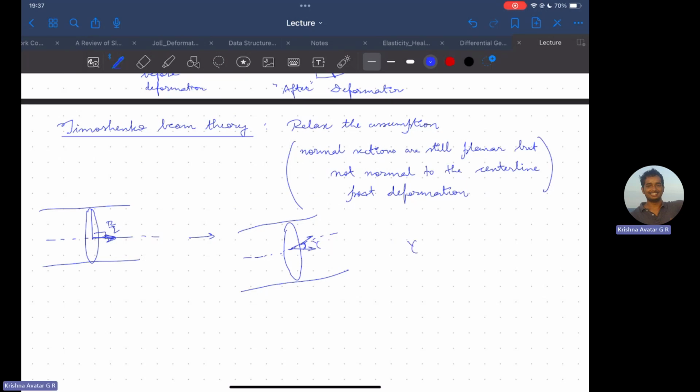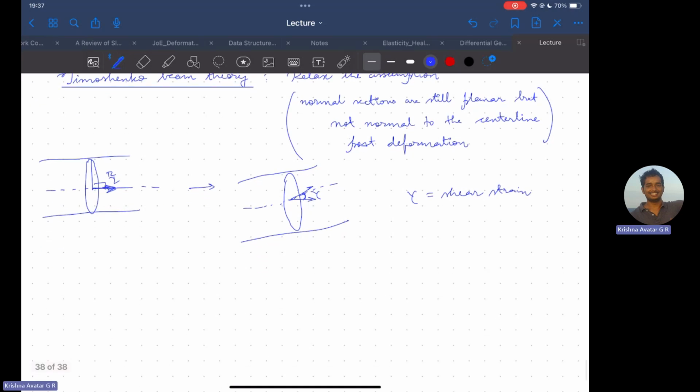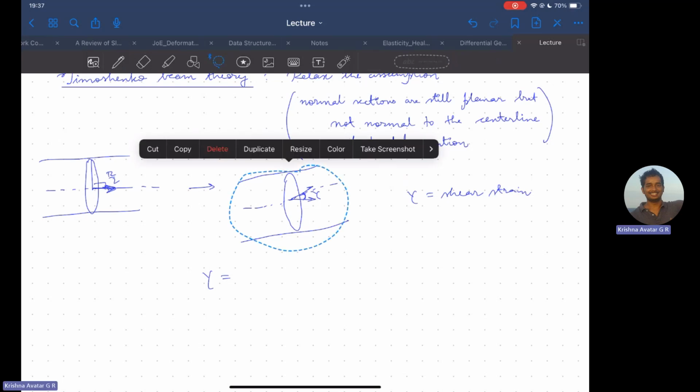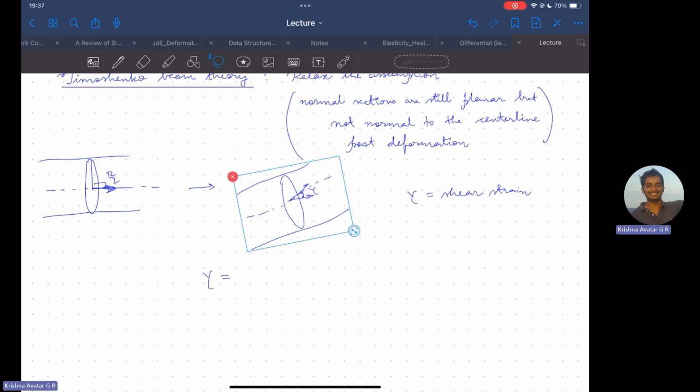So this gamma is some sort of a shear strain. Ideally I should also rotate it so that it does make some change. This was the tangent, you can clearly see, and this is the normal. There is an angle between this tangent vector and the normal to the center line, say theta.